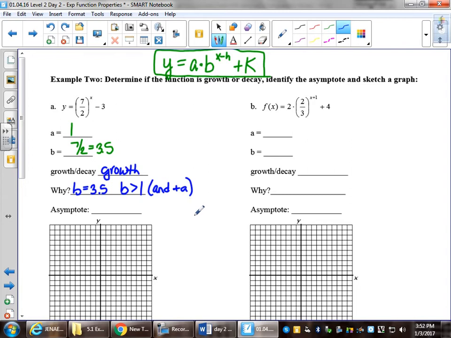Asymptote. Well, asymptote comes from K. And you might be saying, well, wait, Ms. J, I don't see a line here that says K equals. That's okay. Off to the side, let's say what's H and what's K. Well, when I look to see where H should be up here, I don't see anything right there, so H is 0, which means no horizontal shift.